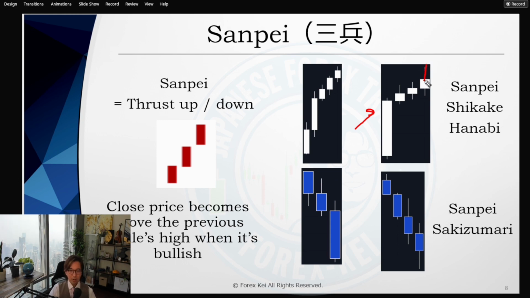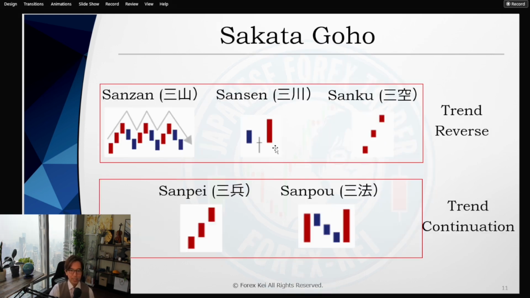And also, as per original teaching, it says that when Sanpei becomes Sanku, then this indicates the trend reverse. But the Sanku doesn't really appear on the Forex market because it runs almost 24 hours every day. But Sanku can be seen in some of the stock market or index.